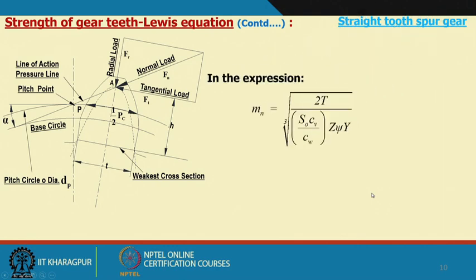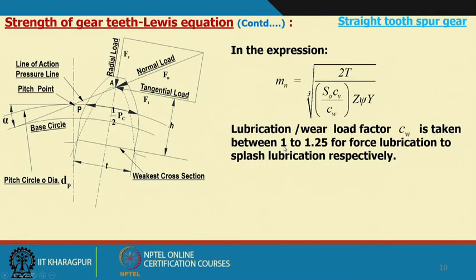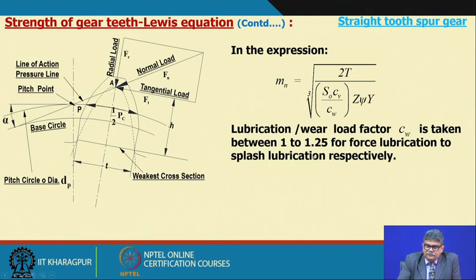And this factor may be considered between 1 to 1.25 for forced lubrication to splash lubrication respectively. Splash lubrication means the teeth are put inside the oil and oil is carried with the rotation of the gears, and forced lubrication means there is a pump and oil is put directly through a nozzle into the contact.